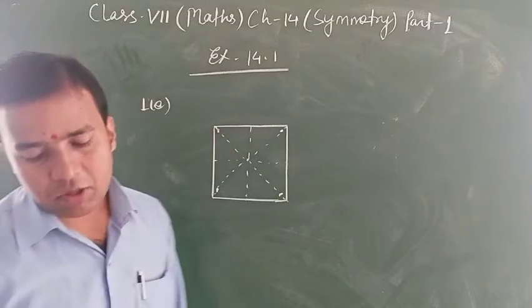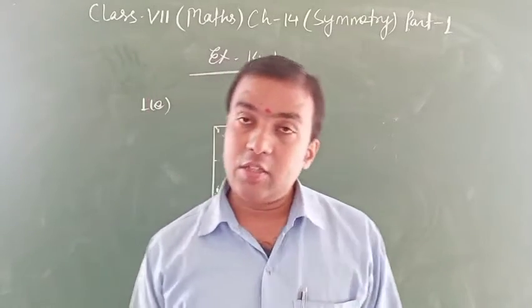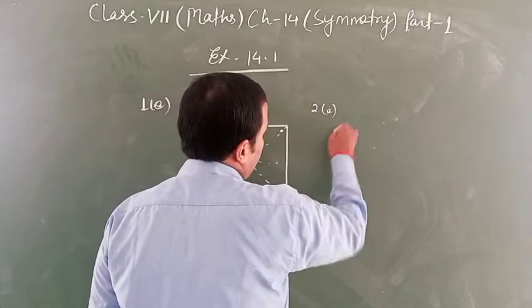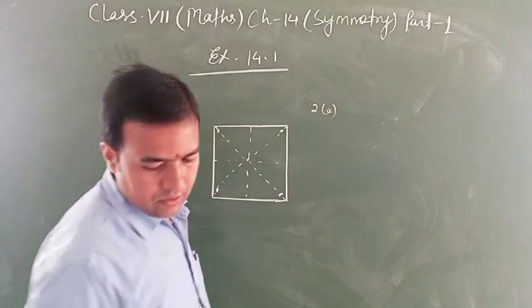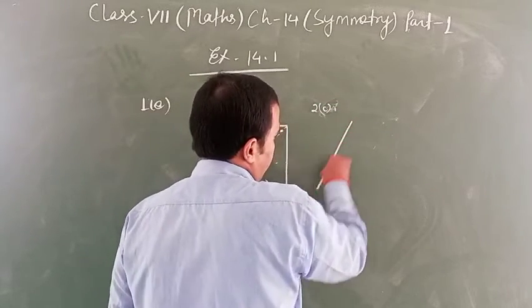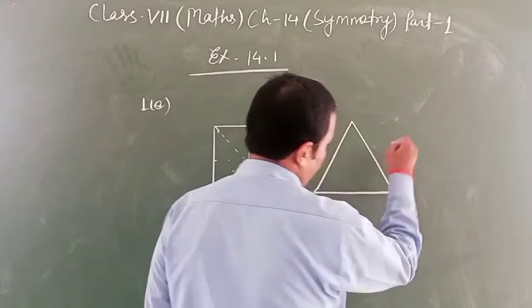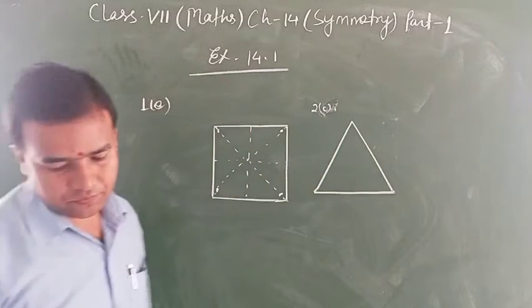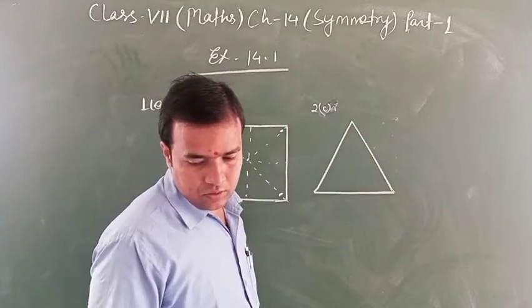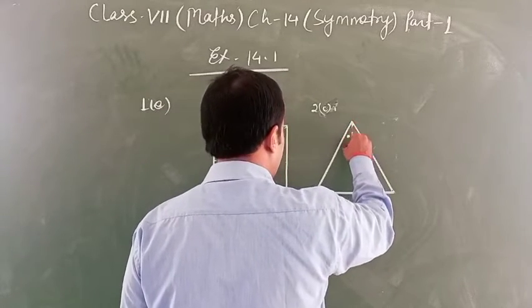Clear? Question number 2. Keep the line of symmetry. Find the other holes. So one punch is given. Second, C, I am telling you, a triangle is given. Okay? One punch is given here and one line of symmetry is given.